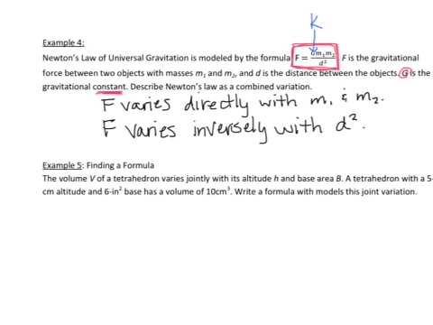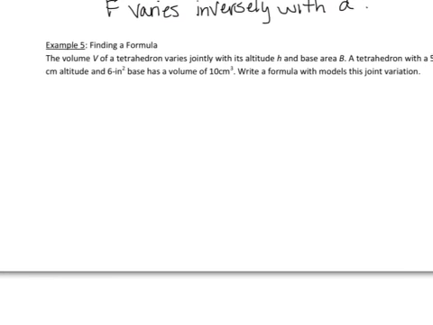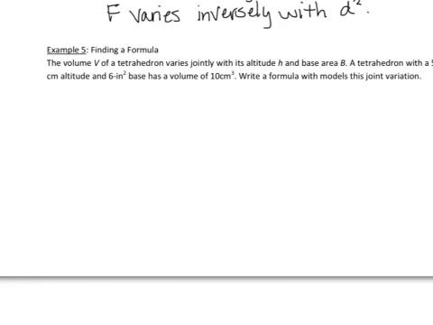All right, let's go to the next one where they give us the sentence and we have to write the equation. So the volume V, it gave me a variable, of a tetrahedron varies jointly, that seems important, with its altitude h, another variable, and base area b. Jointly means direct or inverse?